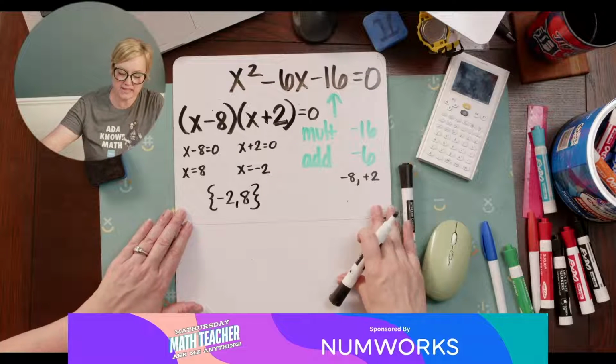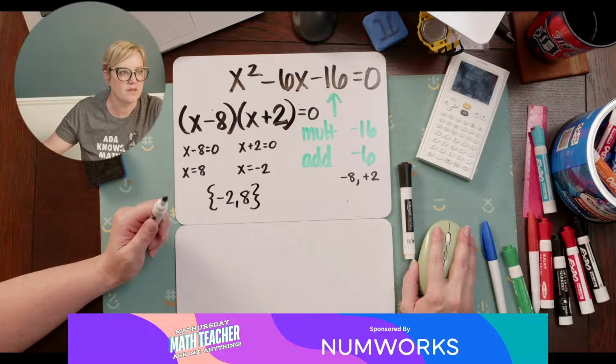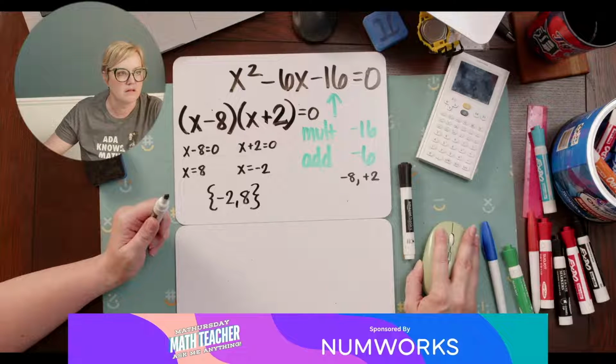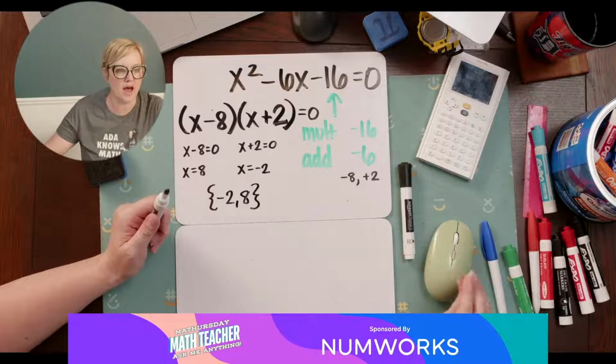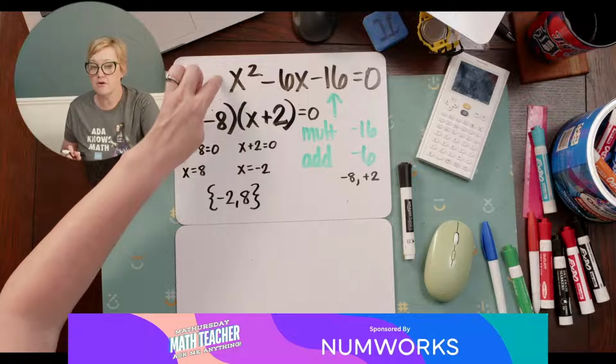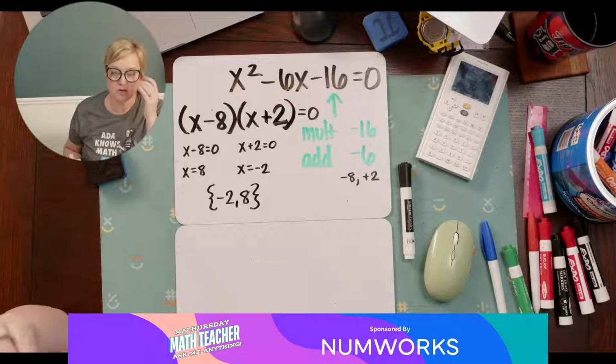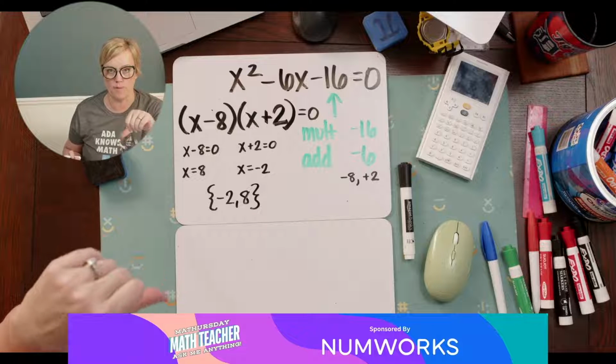This is for when you've got 1 in front of the x squared. If there's another number in front, you have to do a couple of different things. There are a lot of different ways to go about factoring those.